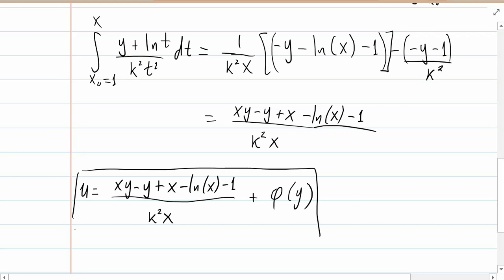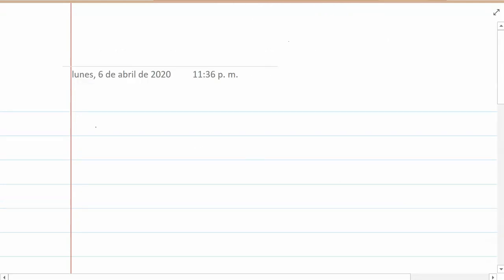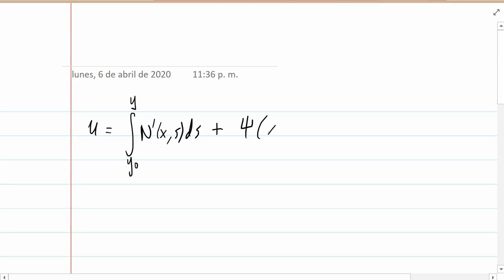And we're going to call this one equation 4. And we're going to do basically the same thing for n prime. We have that u is equal to the integral from y naught to y of n prime of x comma s, ds, plus a function entirely of x.